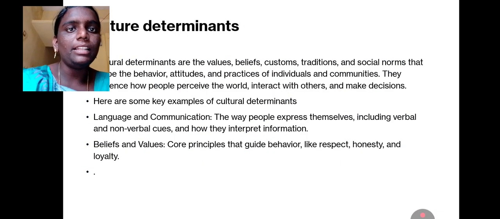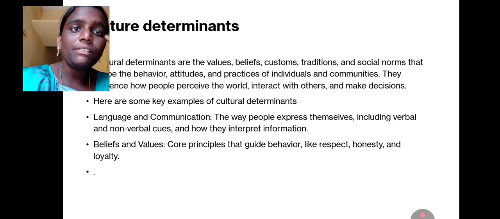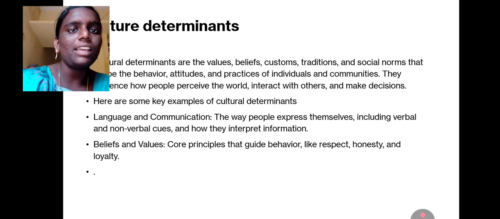Next one, the cultural determinants. Cultural determinants are the values, beliefs, customs, traditions, and social norms that influence behavior, attitude, and practice of the individual. They are in the communities, the preferences of people and resources, and they interact in decisions.